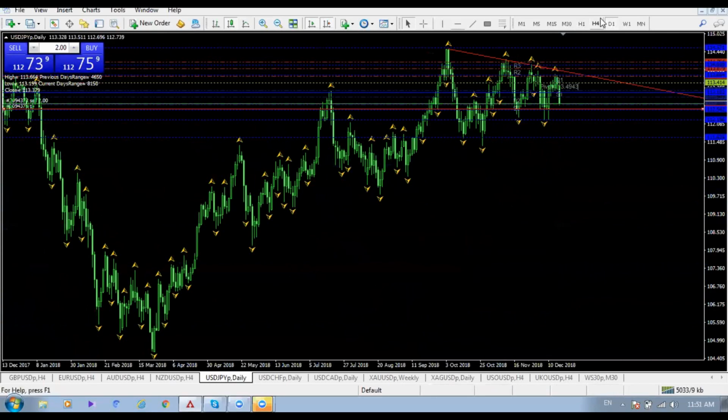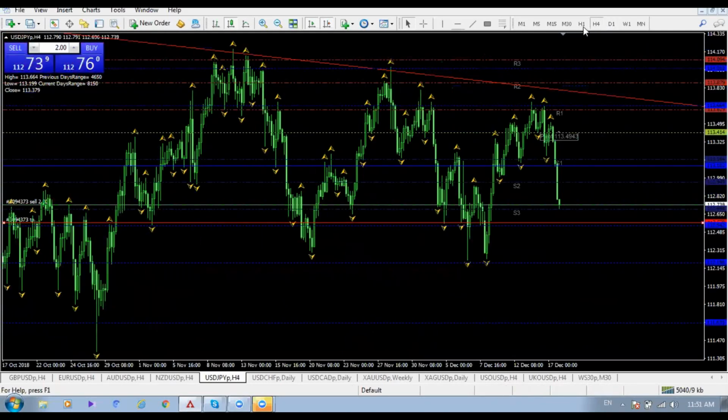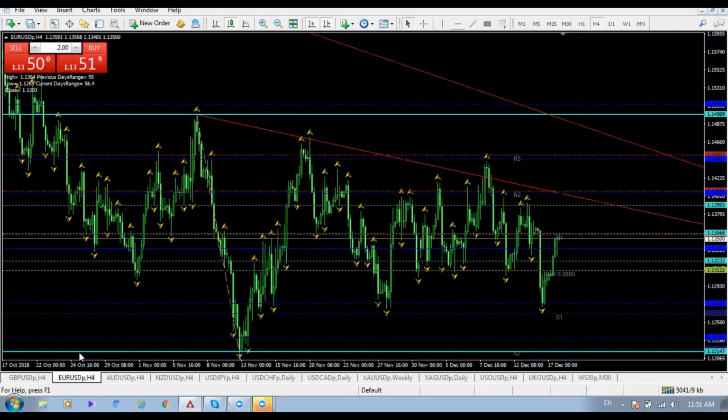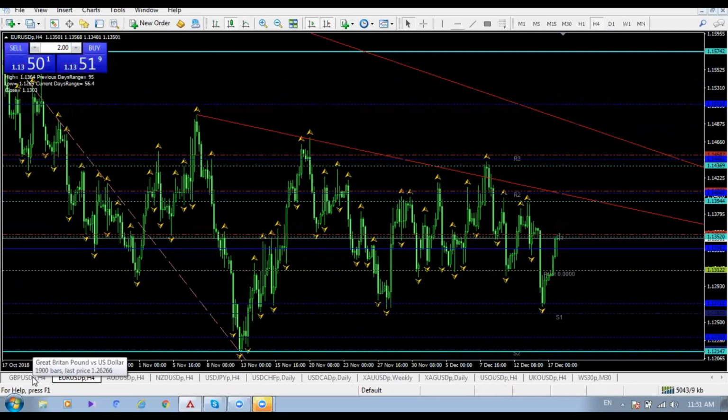Look, there is another point. Sometimes it's the market trend. When it broke down the 61 Fibonacci, we can do another thing.